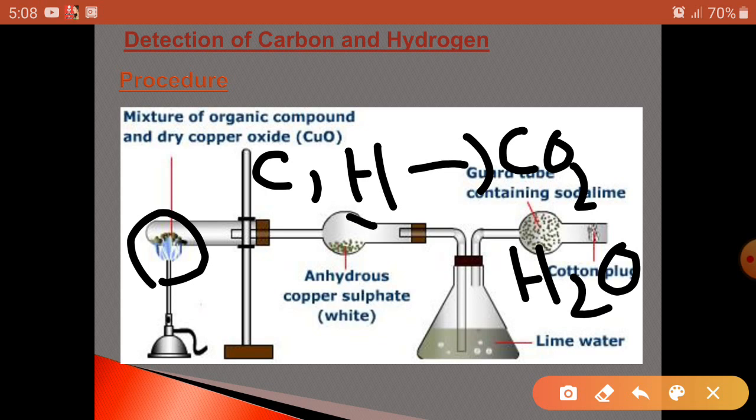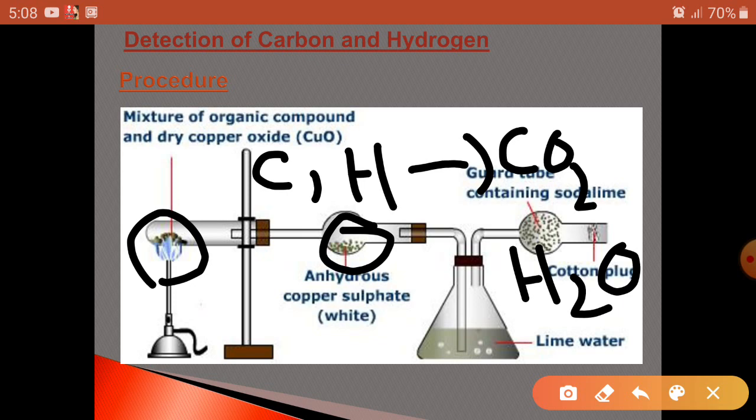So here is another flask which contains anhydrous copper sulfate, which is white in color. The water vapors produced in the test tube, when they enter this flask, turn anhydrous copper sulfate blue, which shows the presence of hydrogen in our organic compound.